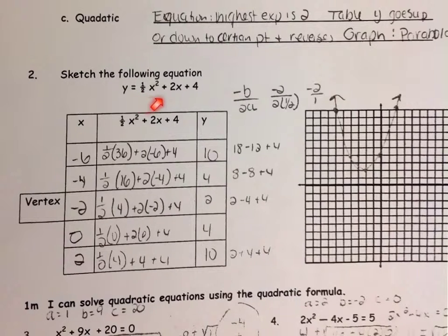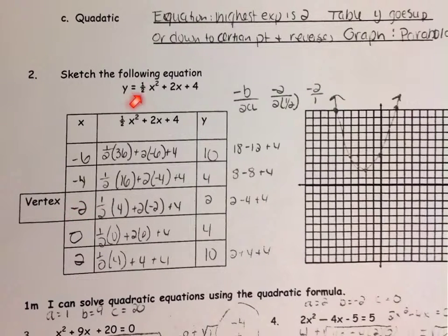So here I have to pull out my A, my B, and my C. My A is 1/2, my B is 2, my C is 3. So the opposite of B over 2A is how I find my x coordinate. The opposite of 2 is -2, and then 2 times A, 2 times 1/2, is 1, so my vertex point is at x = -2.